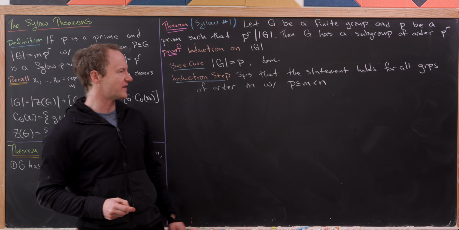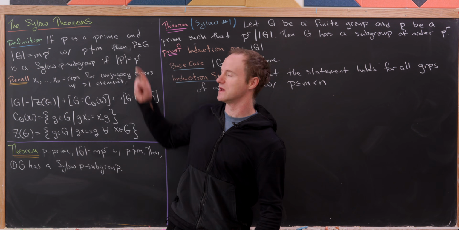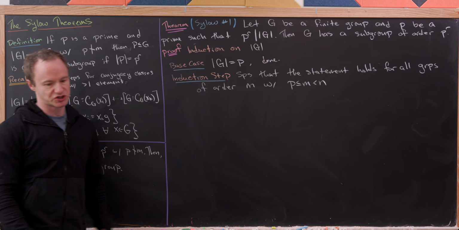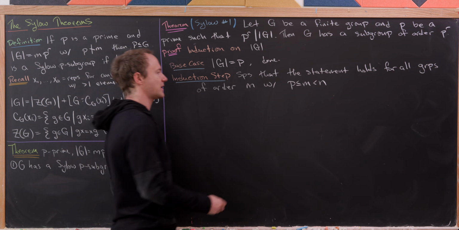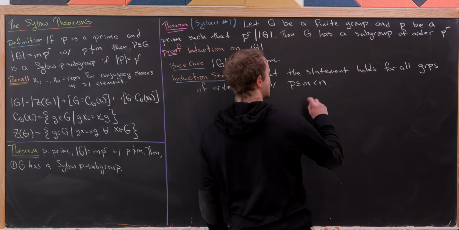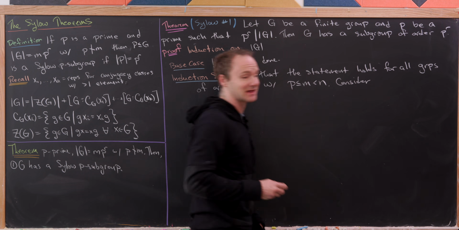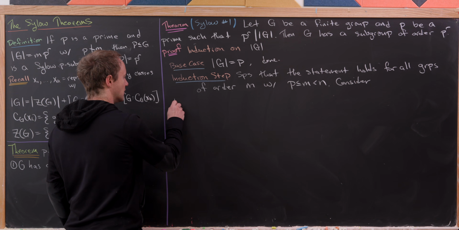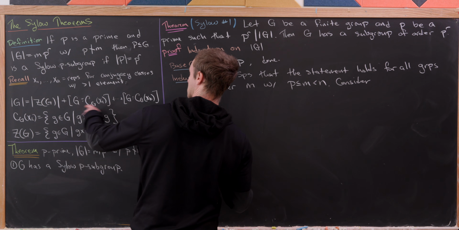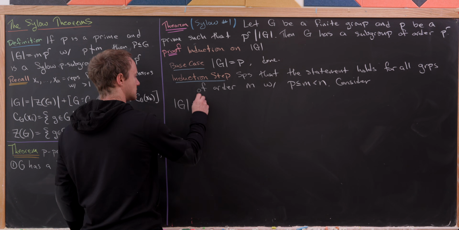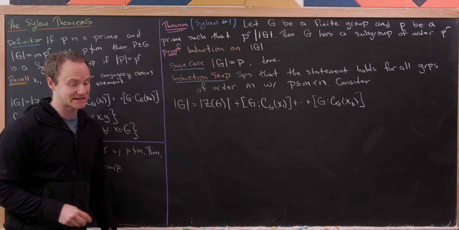So notice that the role of m here is different than the role of m over here. So just make sure to notice that. Okay, so now that we've set up our induction hypothesis, let's consider the class equation. So I'll just rewrite that as it's written over here. Okay, so there we've got the class equation.